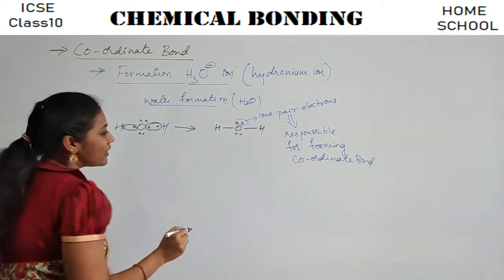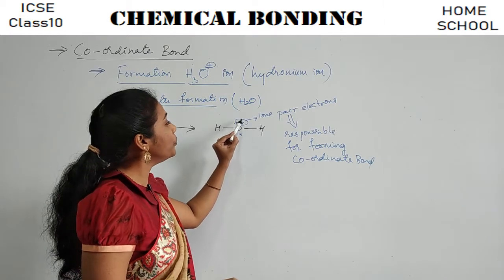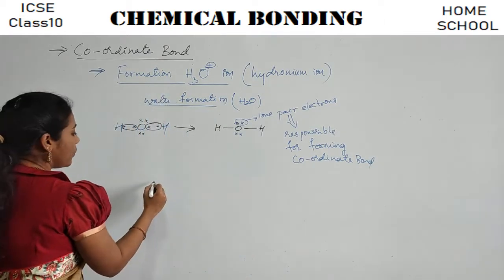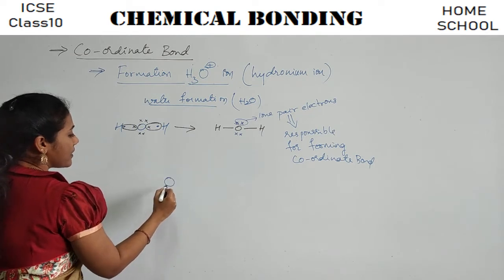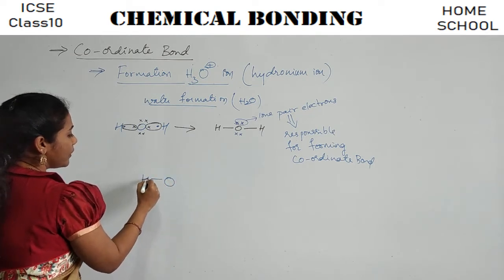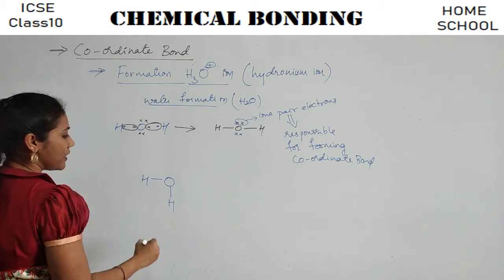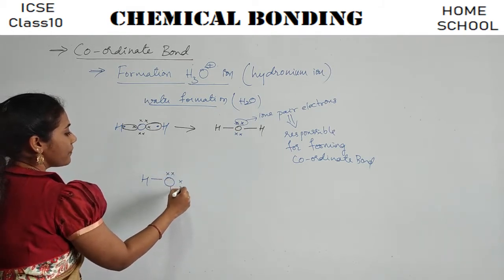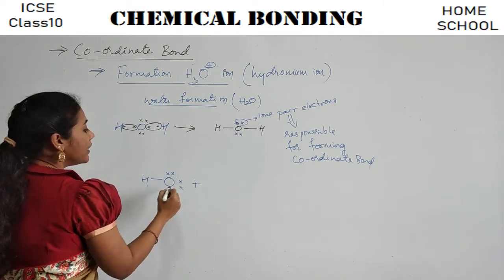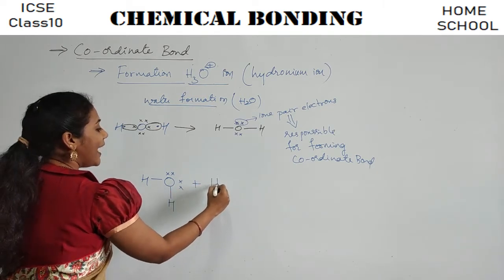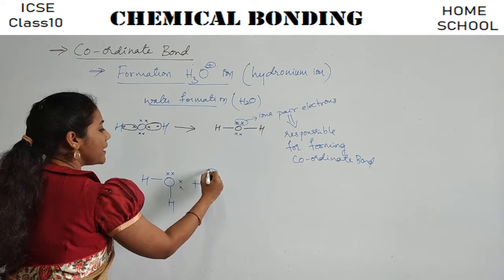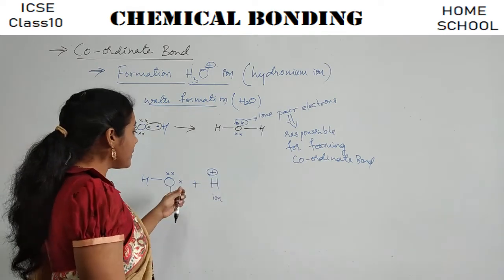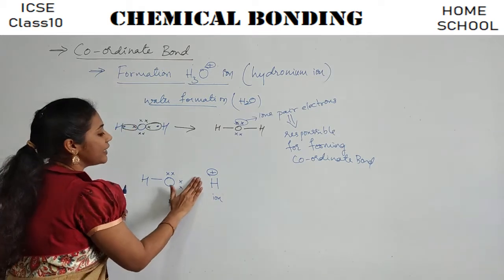So now our water molecule has two lone pairs of electrons on oxygen. Let me write water here: oxygen, this is one hydrogen, another hydrogen I will mention here. This particular atom has two lone pairs. Now this water can react with H plus ion. This process happens during a chemical reaction, guys.